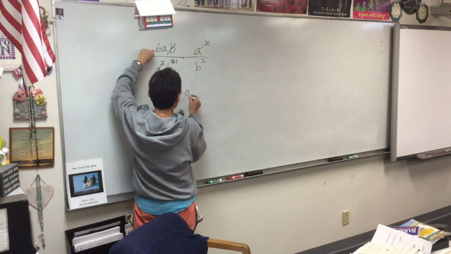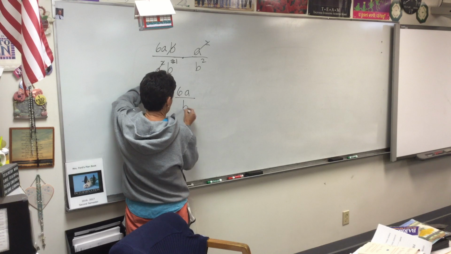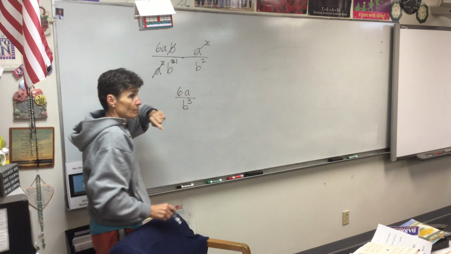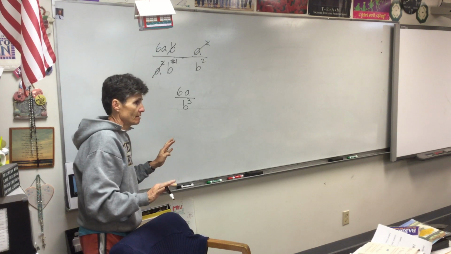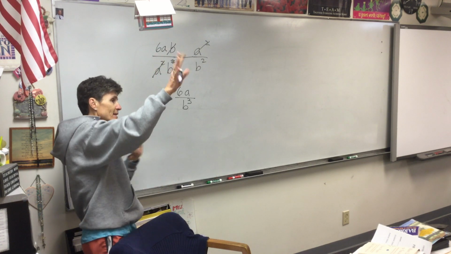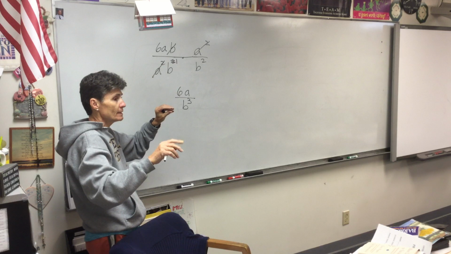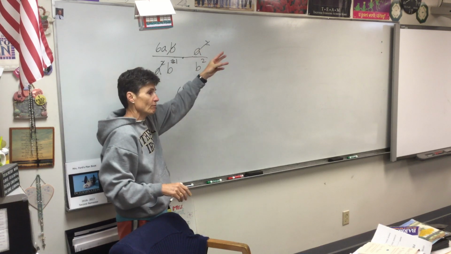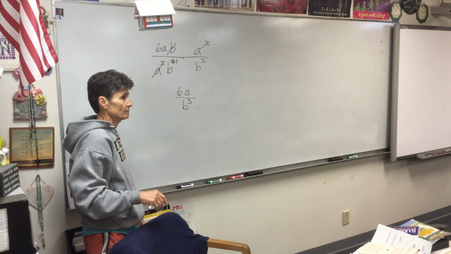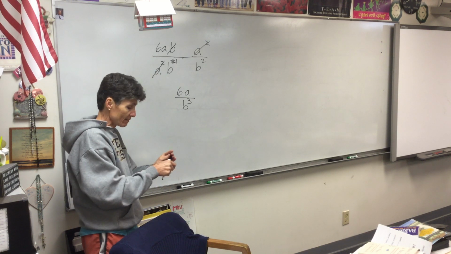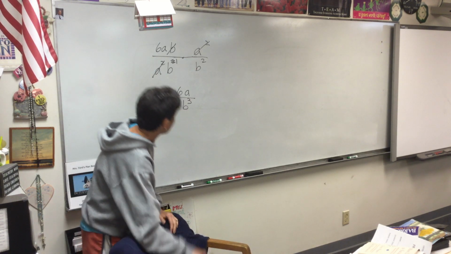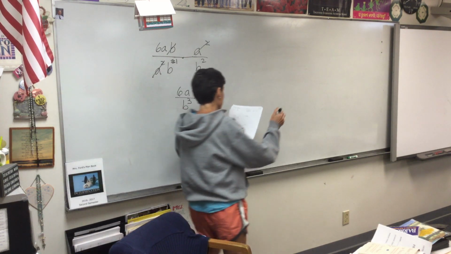So I have 6a over b cubed. Multiplication problems are the best because you can mix and match canceling, and in the end you just put together everything that you still have. There's no common denominators, there's no worrying about anything. Multiplications are so good.